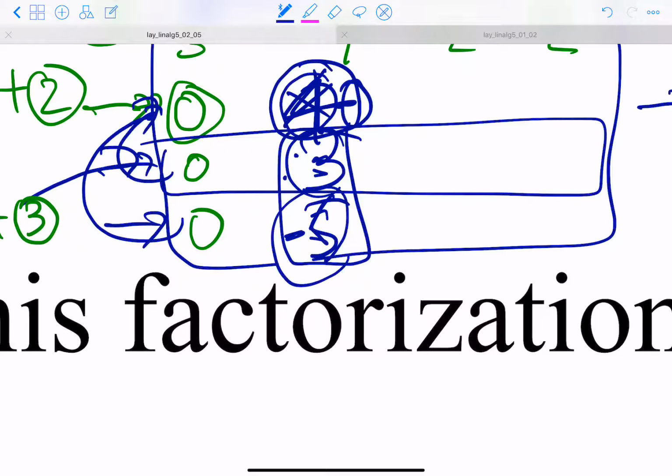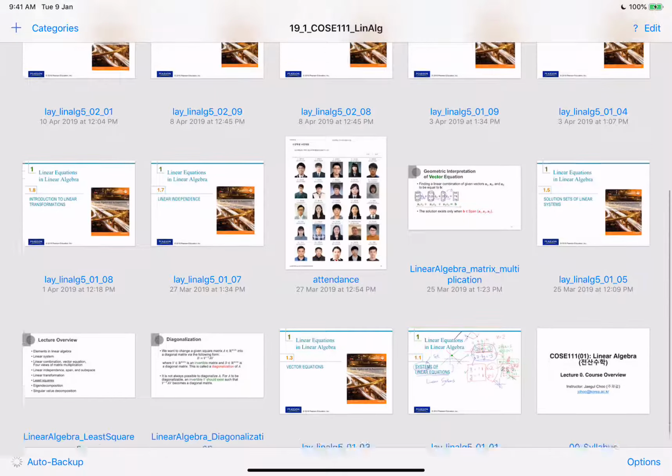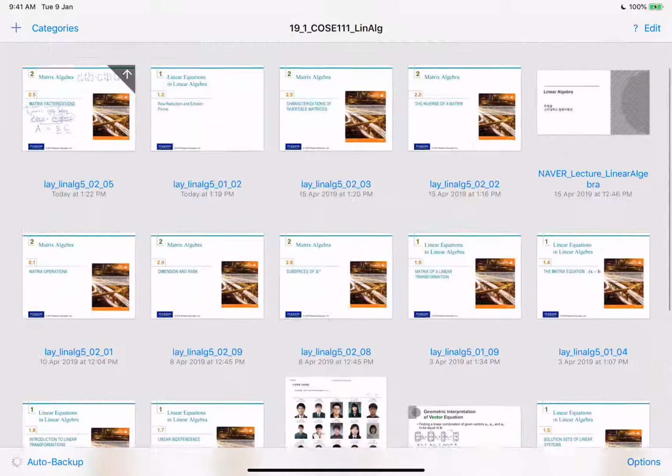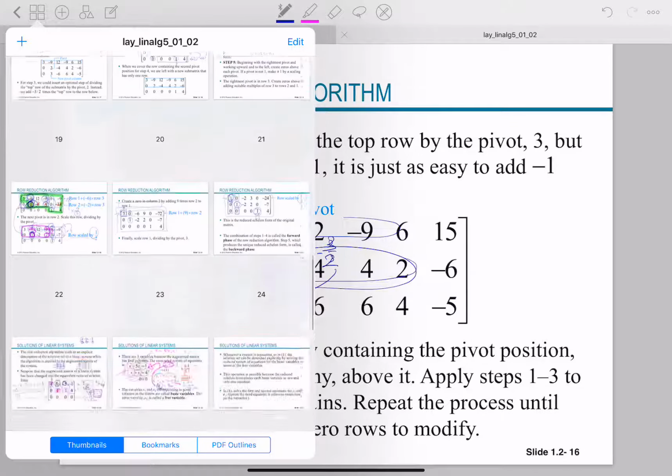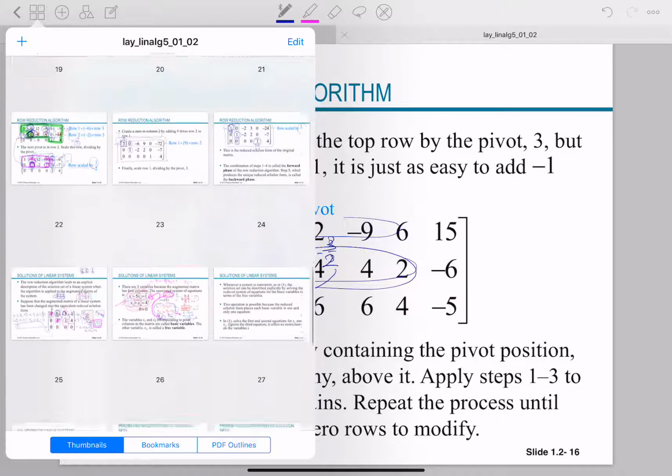Why is this so? Because of our elementary matrix corresponding to row interchanges. If you remember, this one is the elementary matrix corresponding to row interchanges between the first and the third one, right?